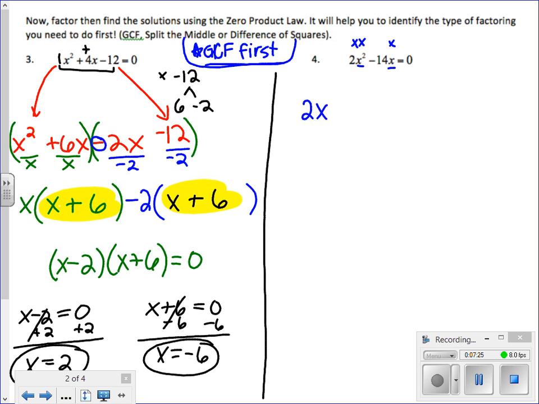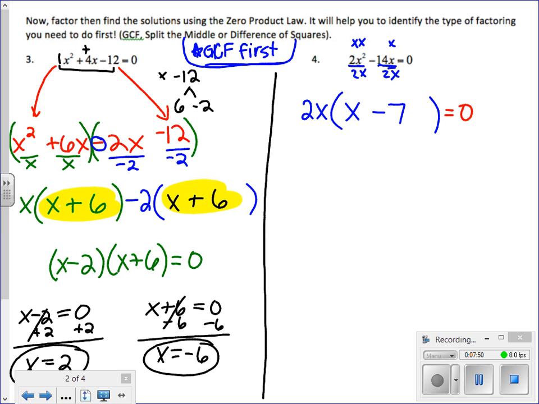So I can pull 1 x out of both. So my GCF is 2x. I'm going to divide both terms by 2x and figure out what's remaining. 2x squared divided by 2x is just a plain old x. And negative 14x divided by 2x is minus 7. That's it. That's the fully factored form.